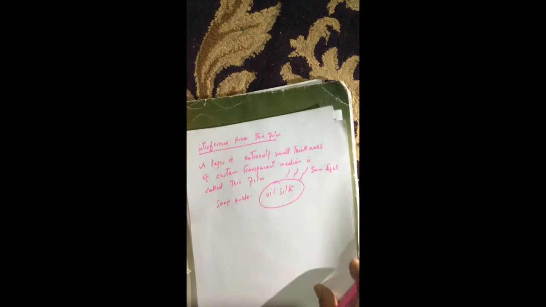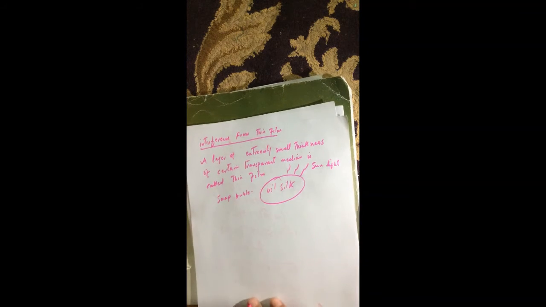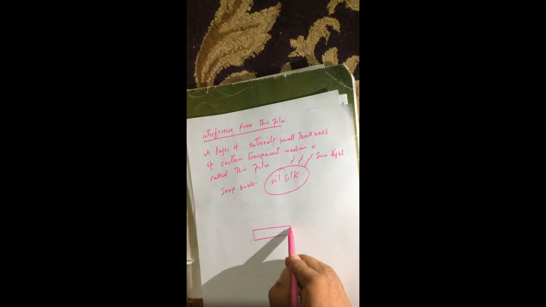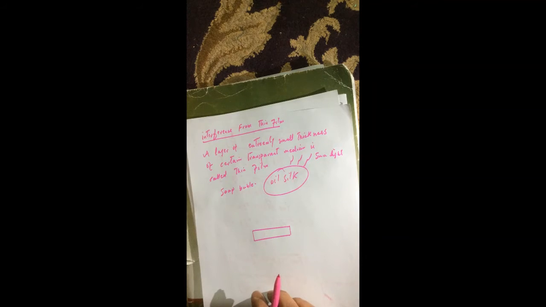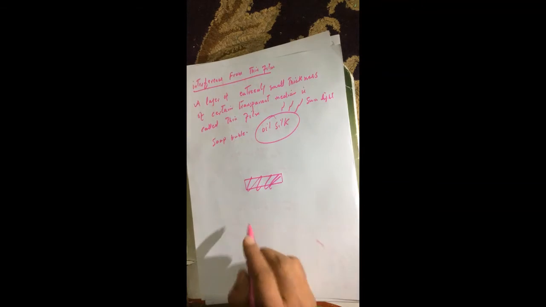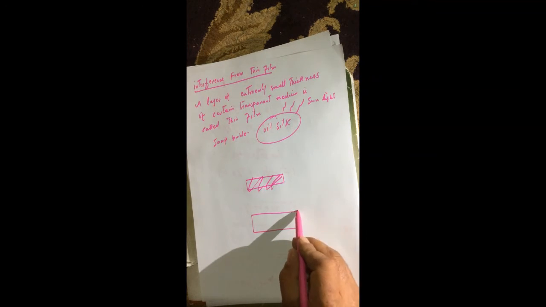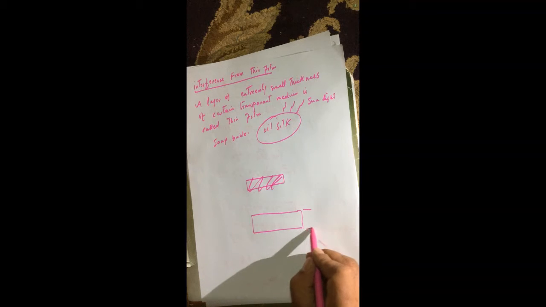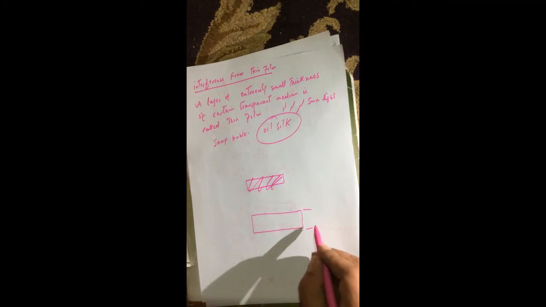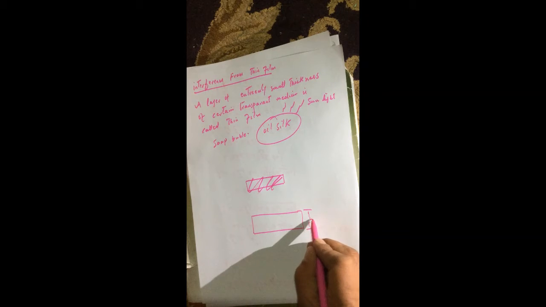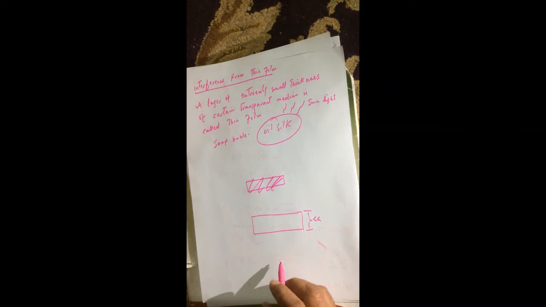Now here I will consider the interference from a thin film. Let's suppose we have a thin film, a soap bubble. This is a thin film, with thickness which I call L, which is much smaller.